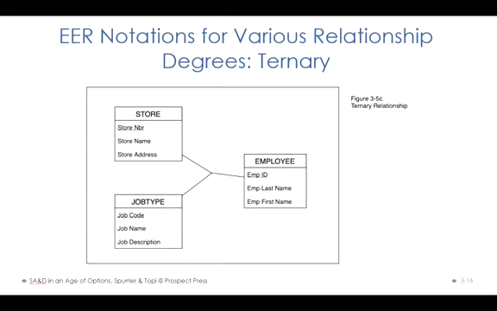So in this example, we have a ternary relationship describing a job, a store, and an employee. This is actually typical of what we call project management. A lot of the time, project management involves entities from multiple interest groups.